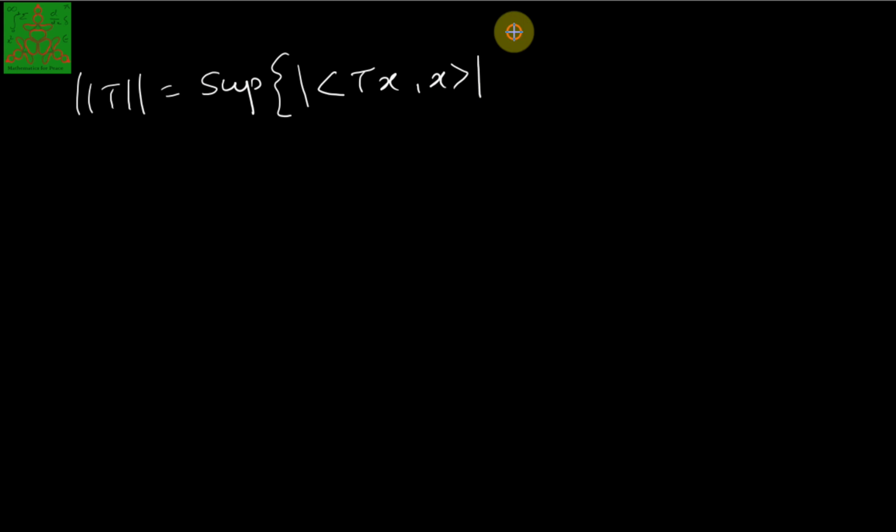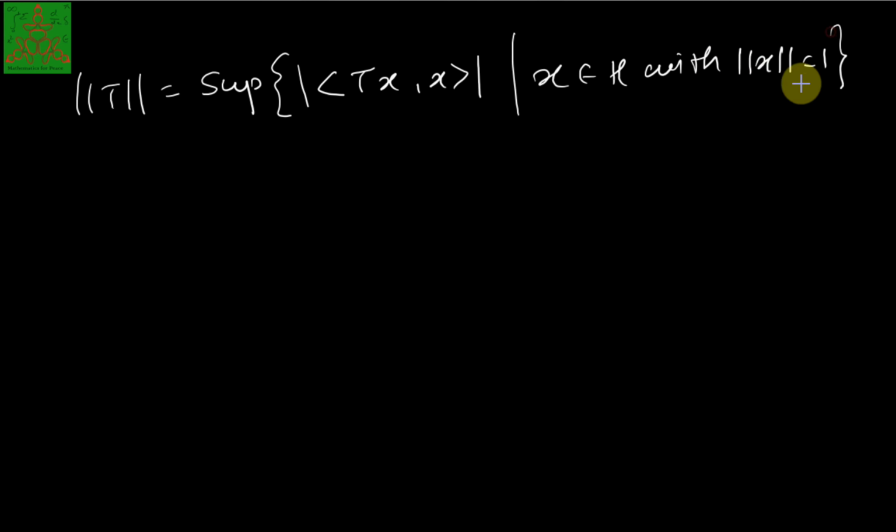Now we already know that the norm of T for a bounded linear operator is defined as the supremum of norm of Tx such that x belongs to H with norm of x is 1. So if T is self-adjoint, then the norm is defined like this, which we already have.